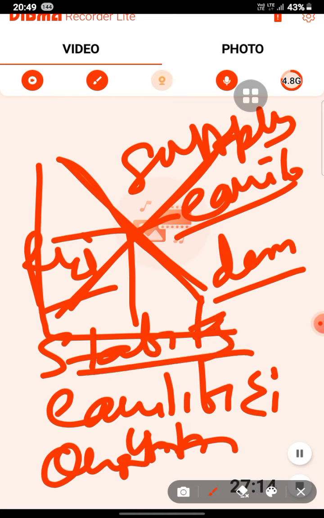It takes place at the point where demand and supply intersect each other. The price at which they intersect is called the equilibrium price. It is equilibrium because at this price the willingness to sell of suppliers matches the willingness to buy of demanders. So what I told you, this is the equilibrium.